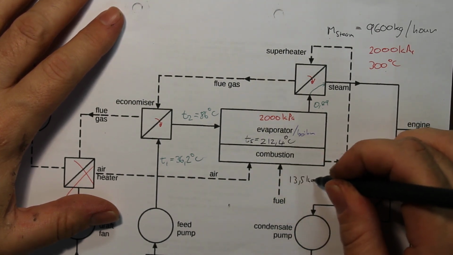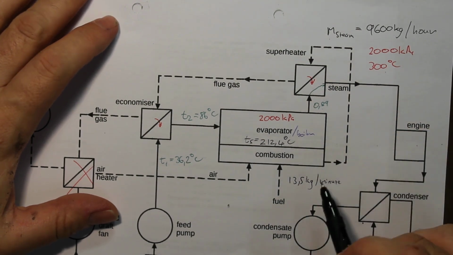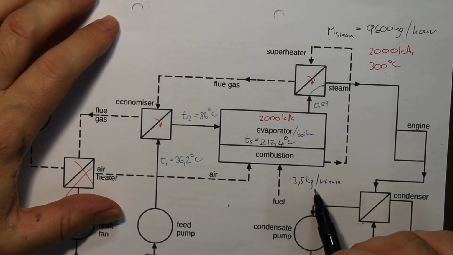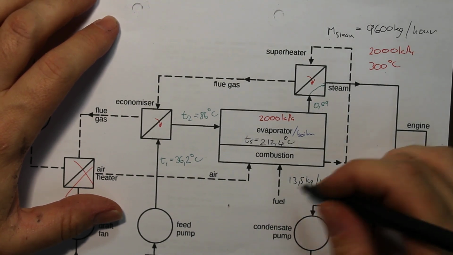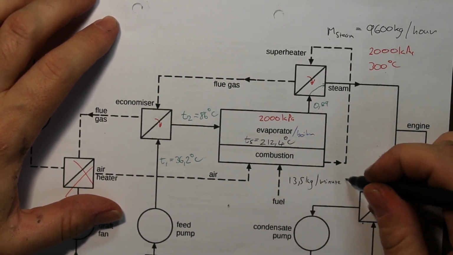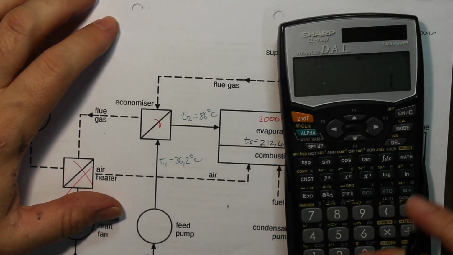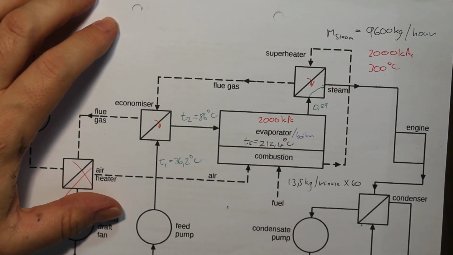13,5 kilograms per minute. Okay, so what we're going to do is convert that coal, because we get the steam per hour, we're going to also convert the coal per hour. And all we do for that, because it's per minute, is times it by 60. So 13,5 times 60, and we get 810 kilograms of coal.